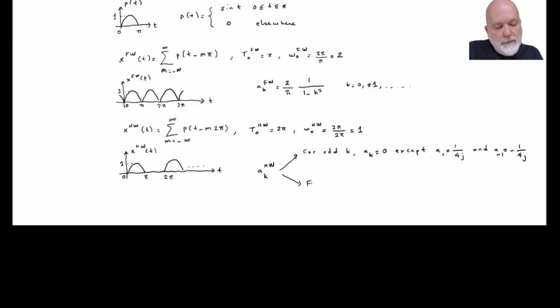And for even values of k, a_k is equal to 1 over pi times 1 over 1 minus k squared. Let me not forget the superscripts, denoting that these are the Fourier series coefficients of the half-wave rectified sine signal.